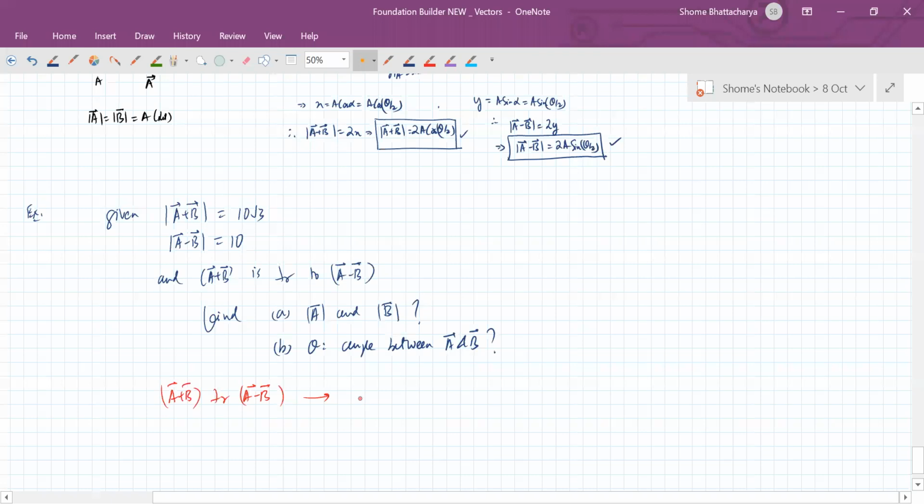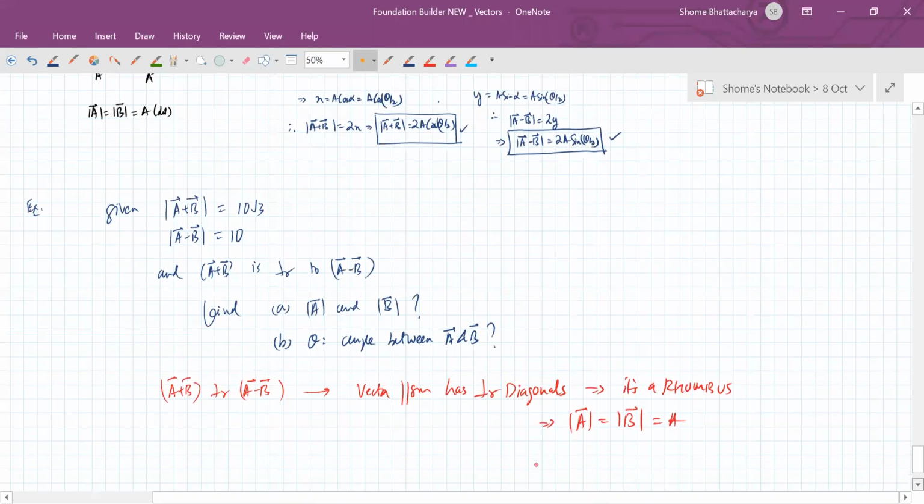Rhombus means magnitude of a has to be equal to magnitude of b. Okay. And that means that mod a is equal to mod b is equal to a, suppose.